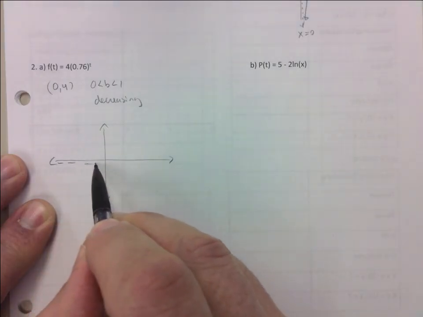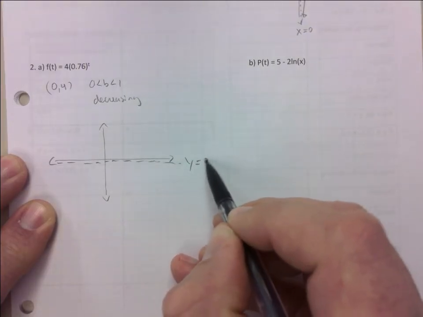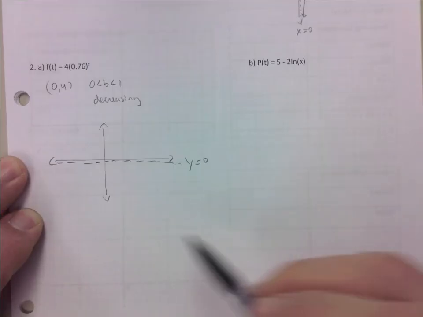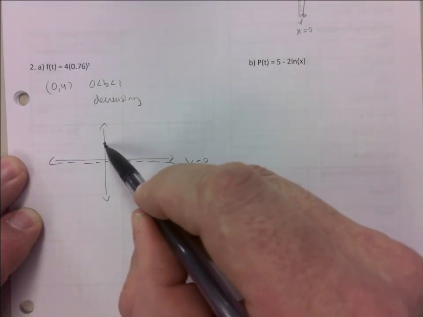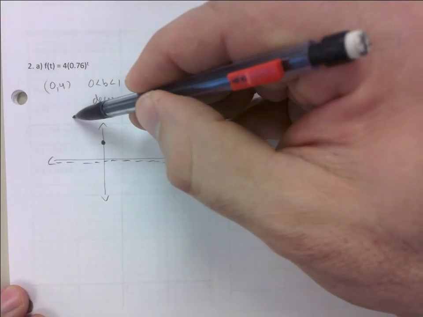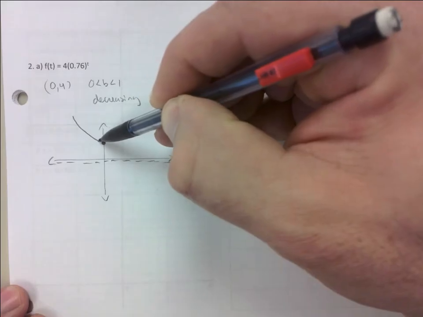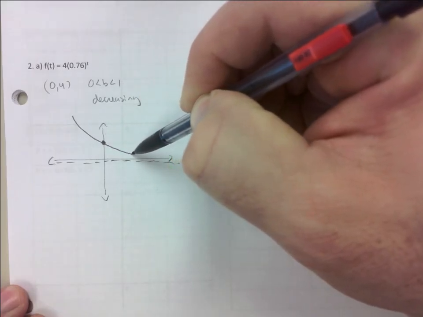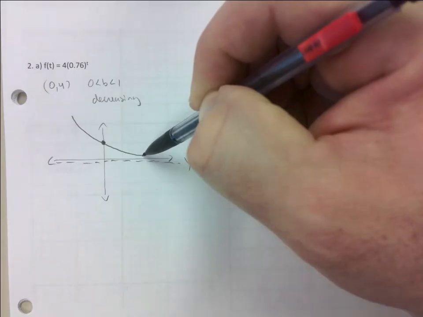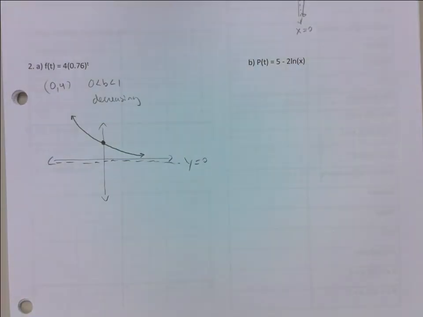We will never cross the x-axis. That's y equals 0, my asymptote. 0, 4 is somewhere there. It's decreasing, so how is this going to go? From left to right, I'm actually going to come from here somewhere, go through that 0, 4, and then keep decreasing as I move to the right. Okay, so that would be the function that we would expect.